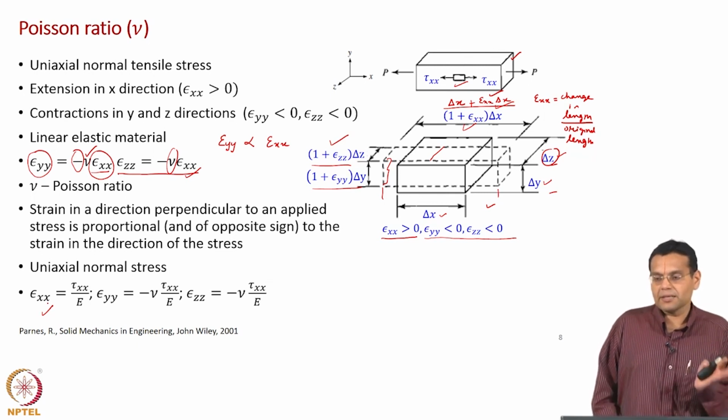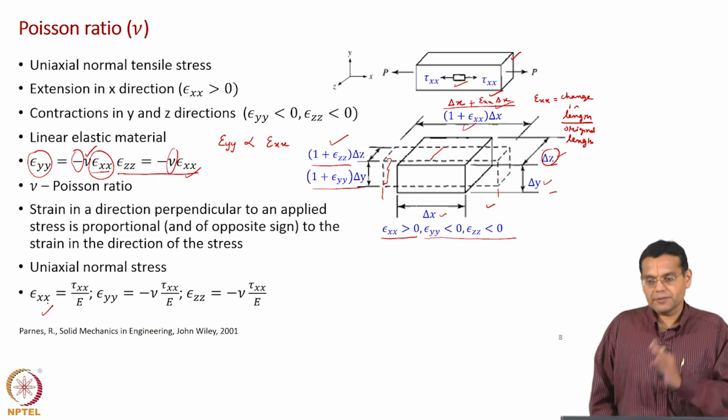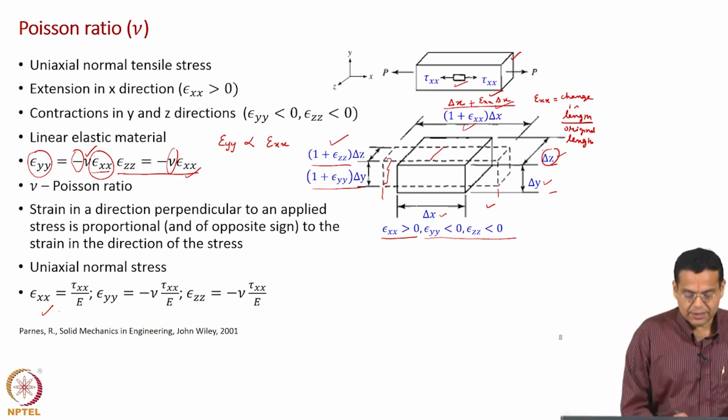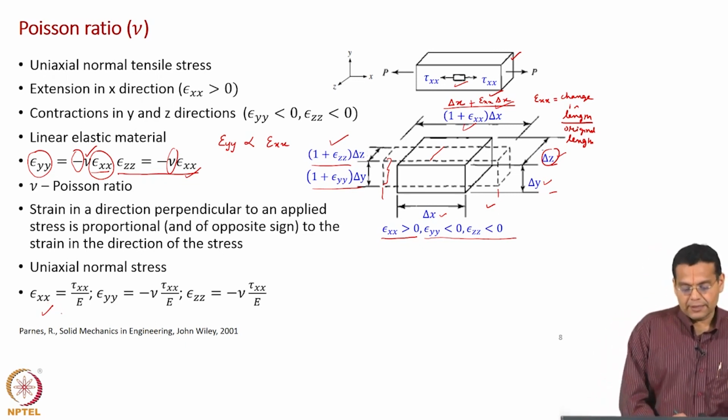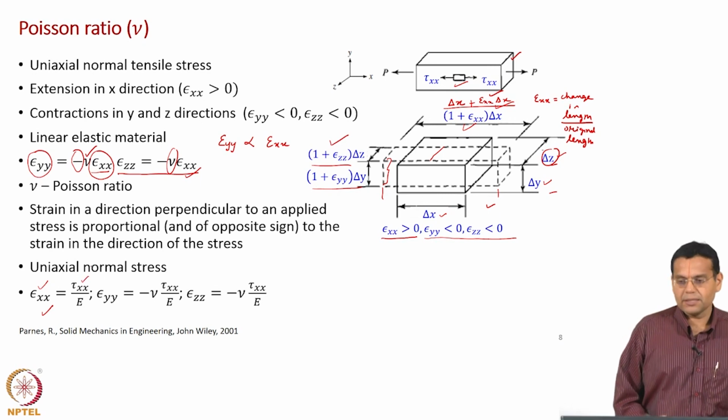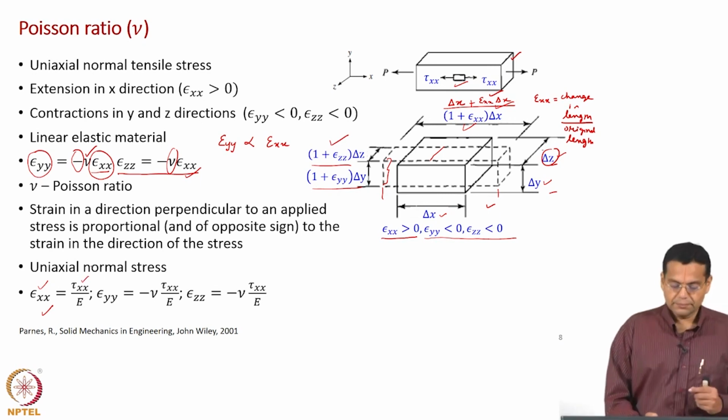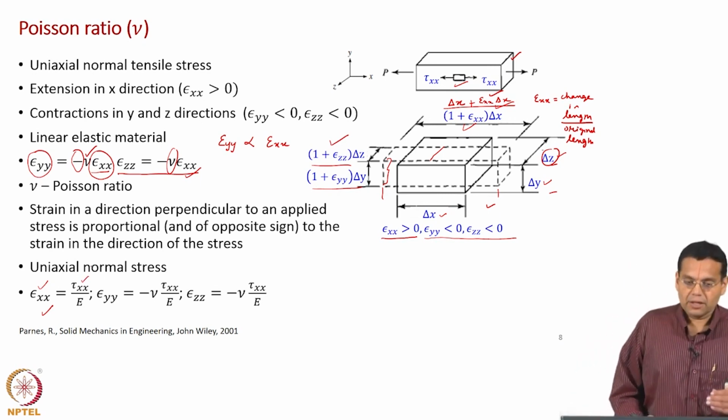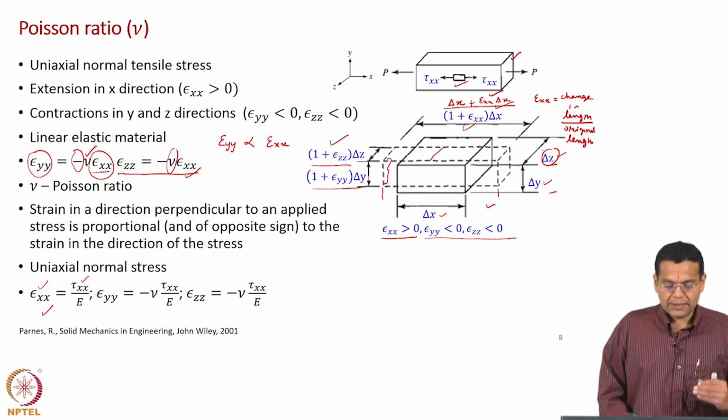We will write stress in terms of strain, and also strain in terms of stress. Okay. So, this is the relationship which we have seen in the previous slide, writing normal strain in terms of normal stress. So, this is the normal strain along the direction in which the stress has been applied.